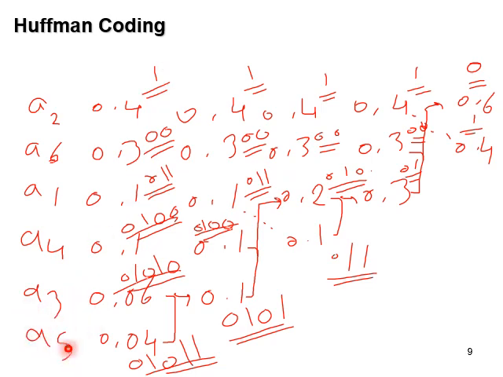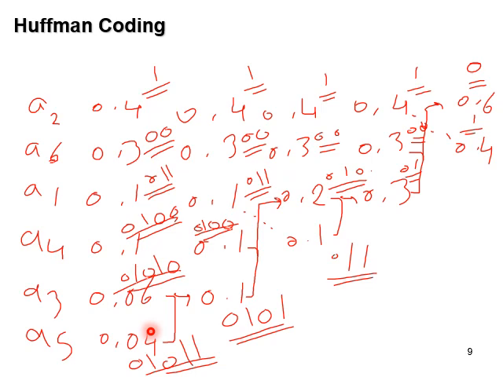While A5, which has a probability of 0.04, has a code of 5 bits. So this is the whole idea of Huffman coding, that those symbols that appear more frequently are given shorter codes than symbols that appear less frequently. Okay, so this is one important note here.